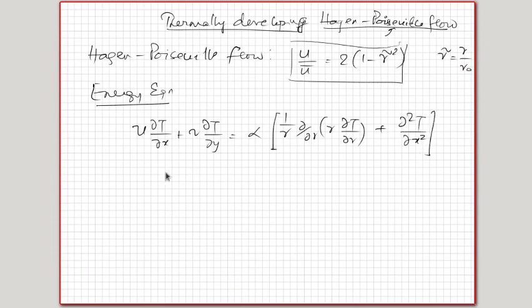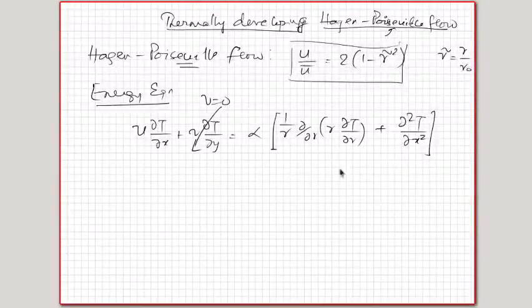Okay, so we've taken constant properties throughout. In this energy equation, since the flow is the Hagen-Poiseuille flow, which is fully developed, v is 0 because the velocity profile is fully developed. There is no lateral movement or radial movement of the fluid, so this is 0.